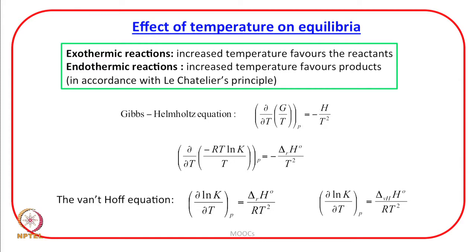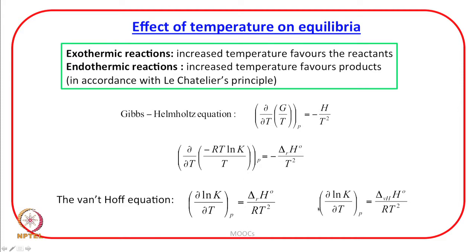If you look into research articles, instead of reaction enthalpy, in many journals you will find they write this as Van 't Hoff enthalpy, because this is an enthalpy which is calculated from the temperature dependence of equilibrium constant.